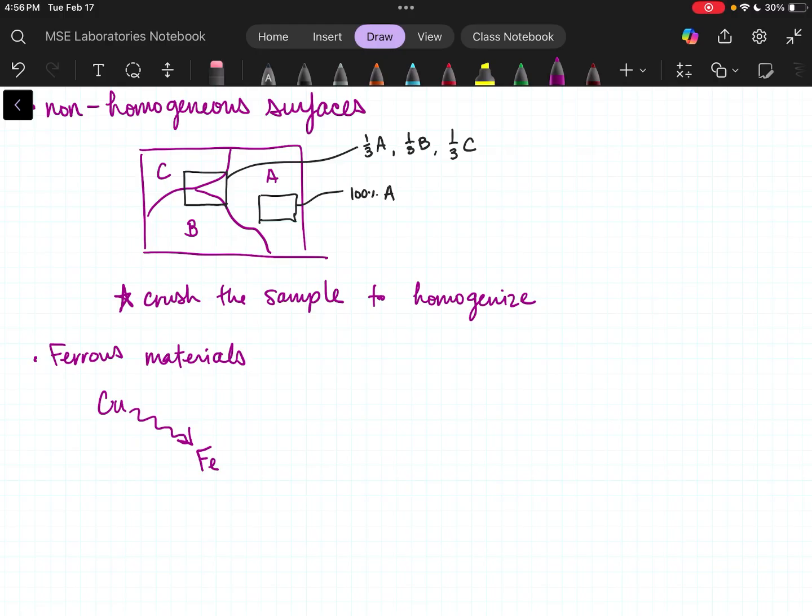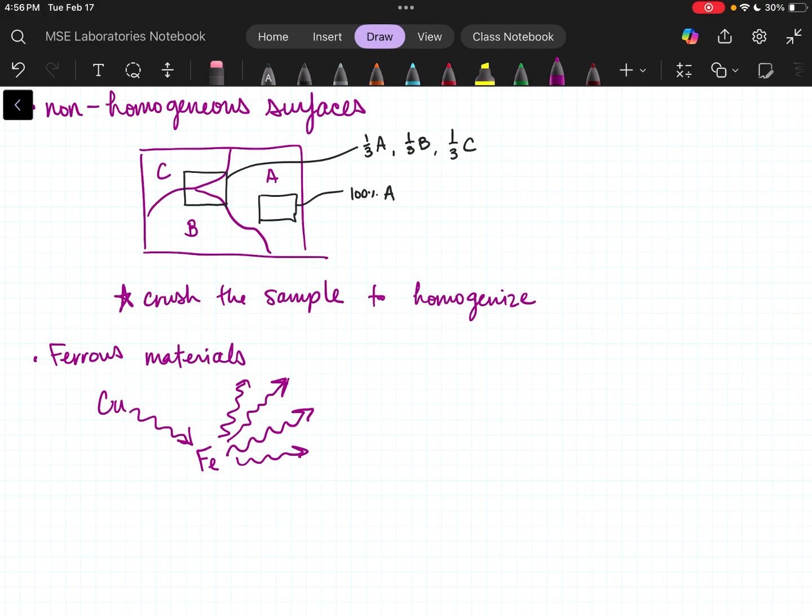Okay. When a copper X-ray hits iron, the iron actually gets excited, and then it relaxes, and it emits an iron X-ray. Iron does not bounce copper X-rays.